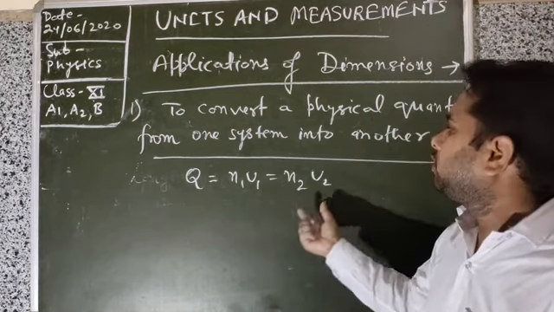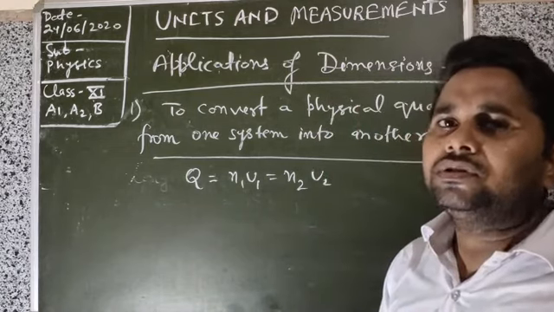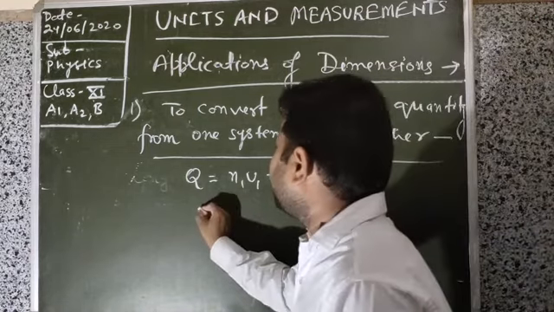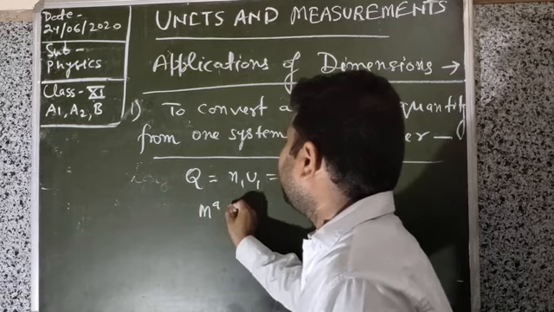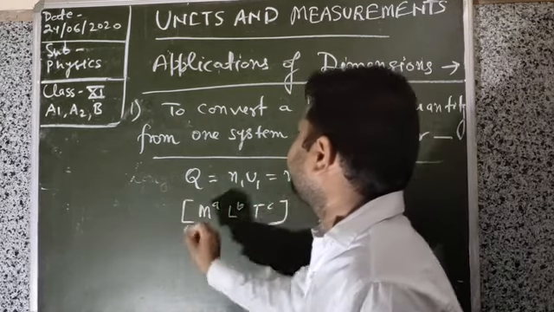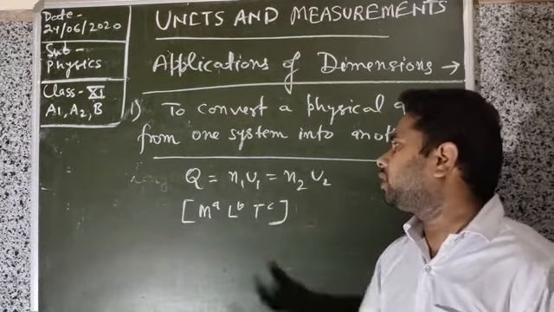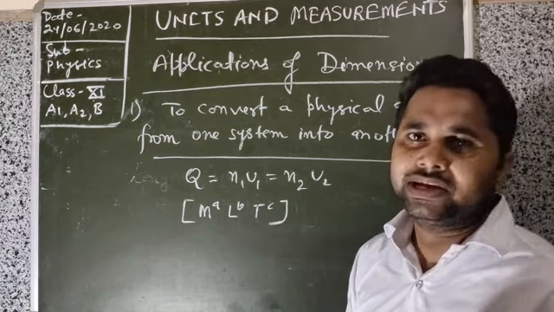Suppose the dimensional formula of the given physical quantity here is M^a L^b T^c.